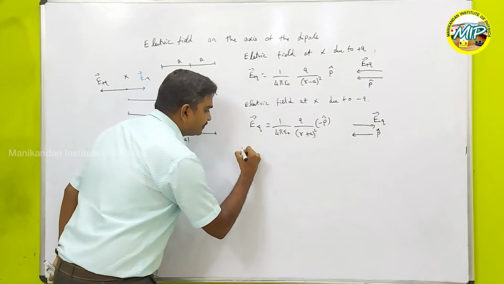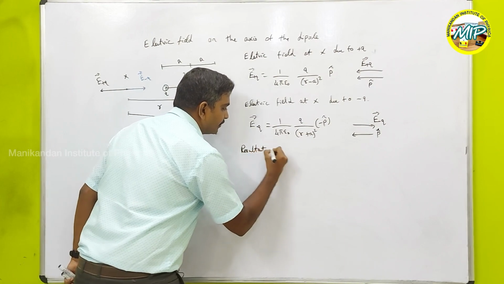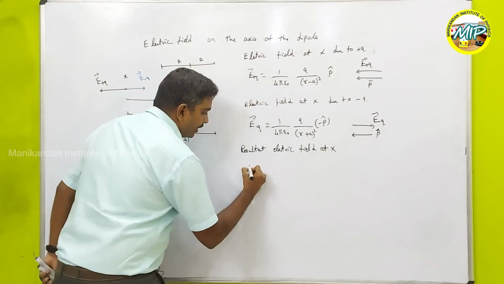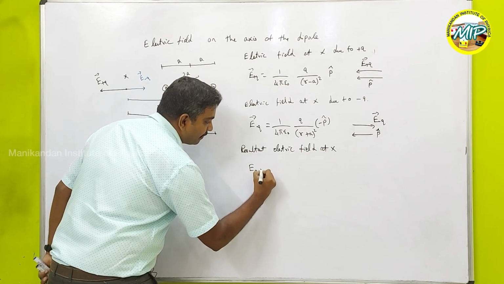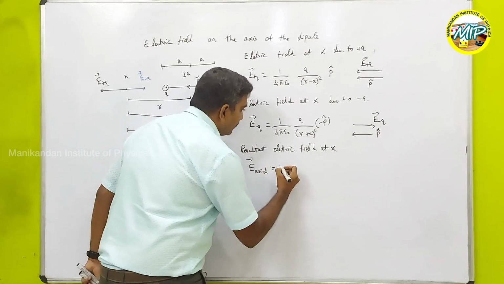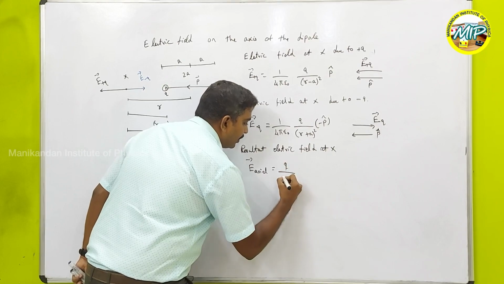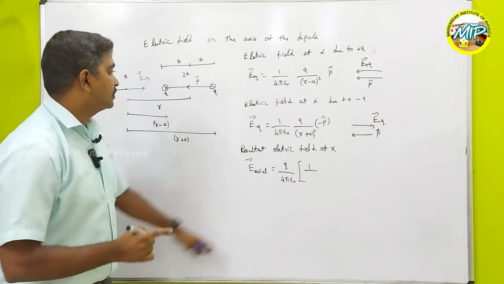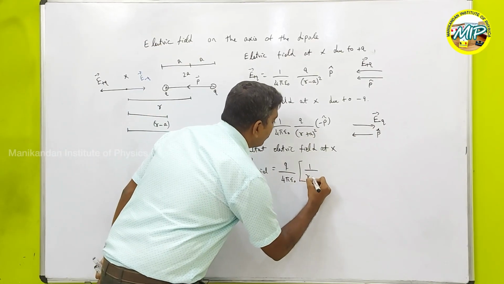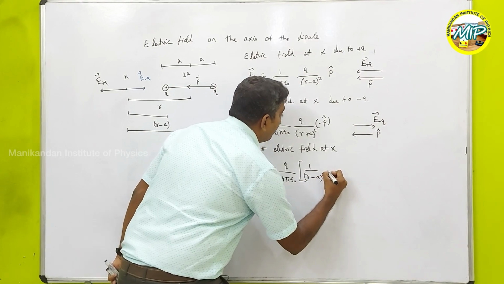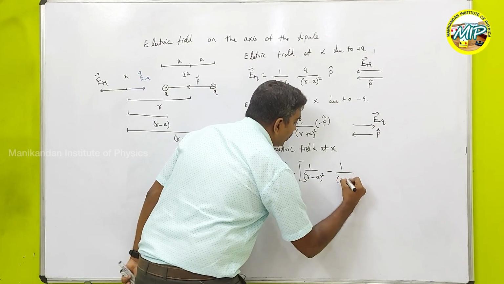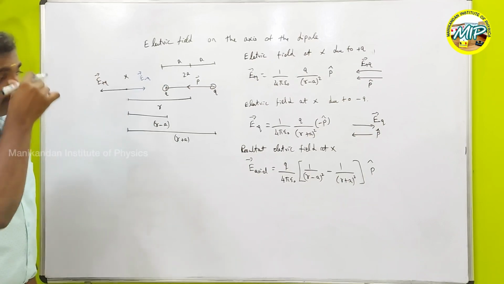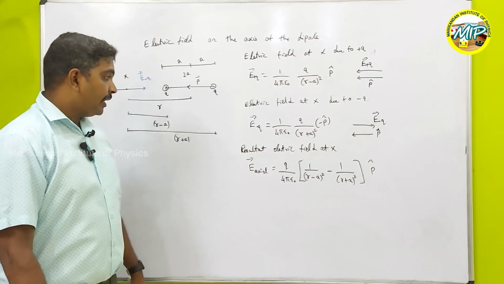So the net electric field at x, E axial, equals 1 by q by 4 pi epsilon naught, listen, this is a minus sign, right? 1 by (r minus a) the whole square minus 1 by (r plus a) the whole square, p cap. Okay, so this is my electric field on the axis of the dipole.